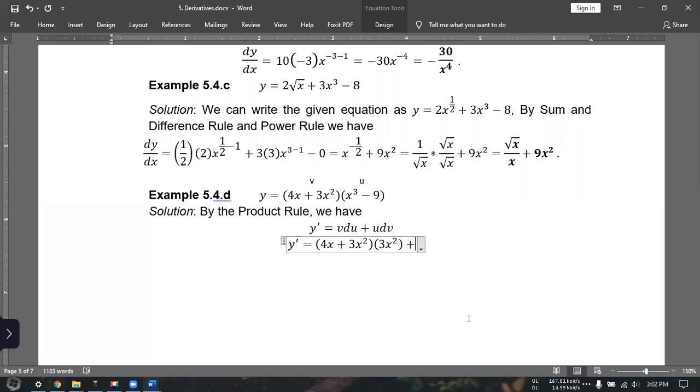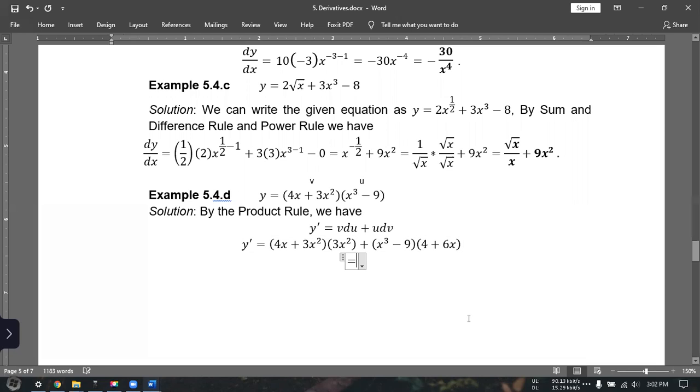Let's copy the second factor, u, x cubed minus 9. And then differentiate the first factor. We have 4 plus 6x. Simplify na lang natin.